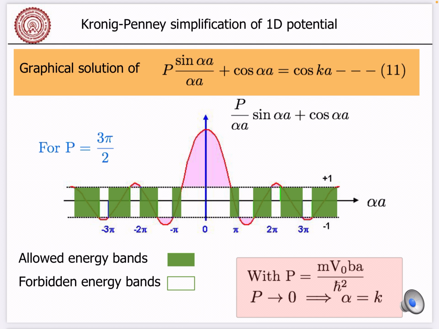So the roots of this equation show that there are allowed and forbidden energy bands. Alternately, green is allowed and white is the forbidden range, because here the curve goes out of the minus 1 plus 1 lines, and as I said, minus 1 plus 1 are the maximum values of cos of Ka.